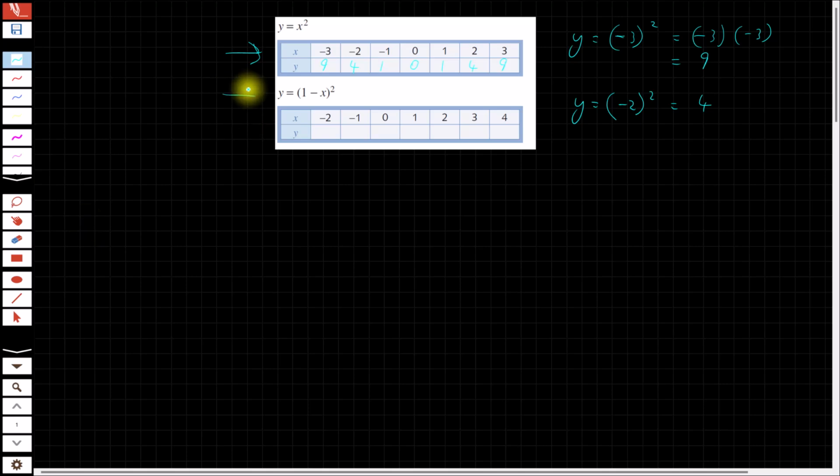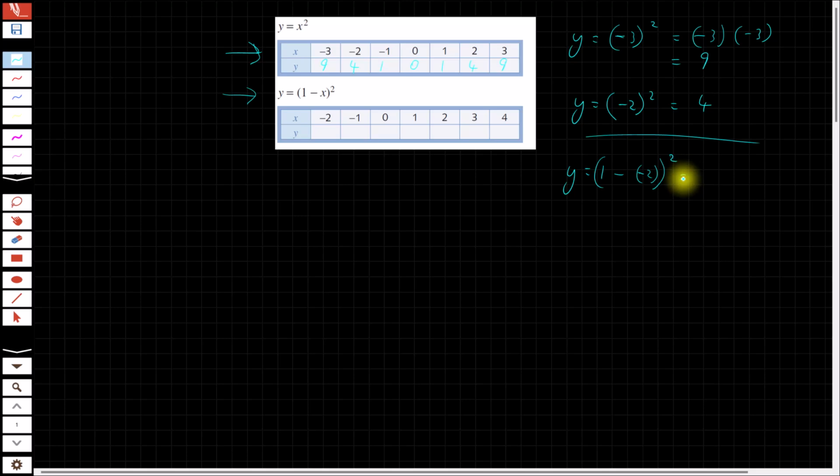For the second one, we have y equals 1 take x in brackets all squared. So remember we do the brackets first. So y equals 1 take x. X is -2 here. And we square that.